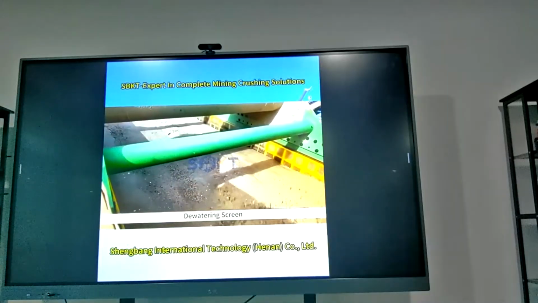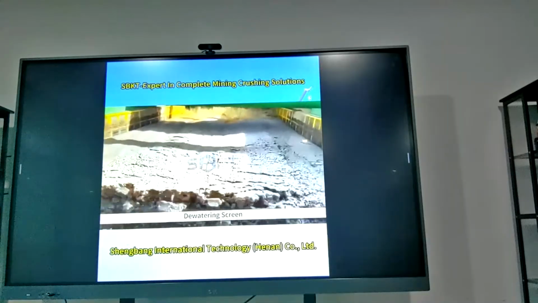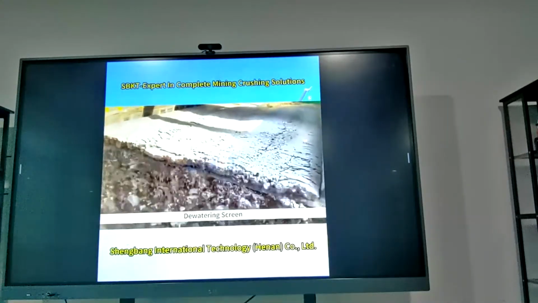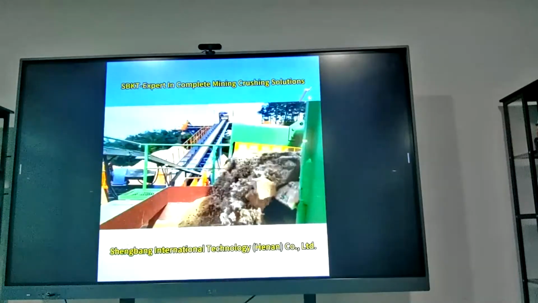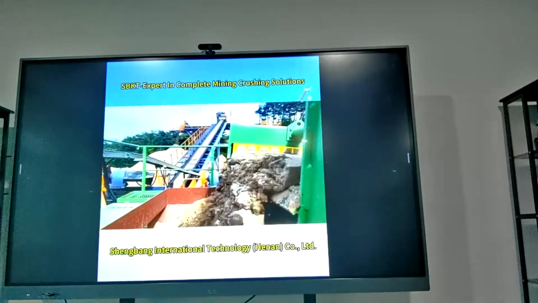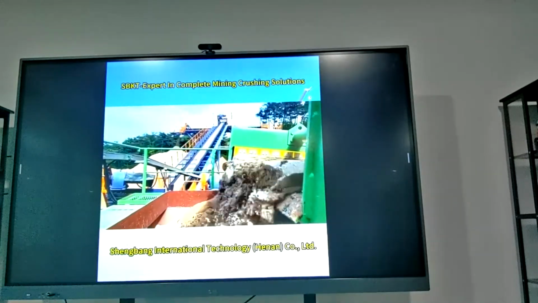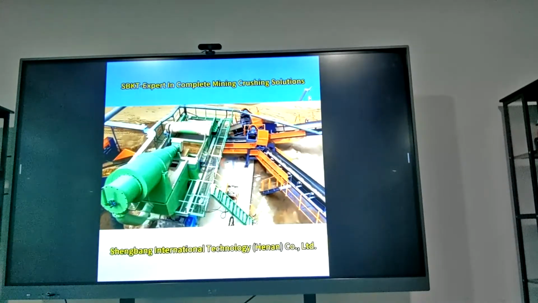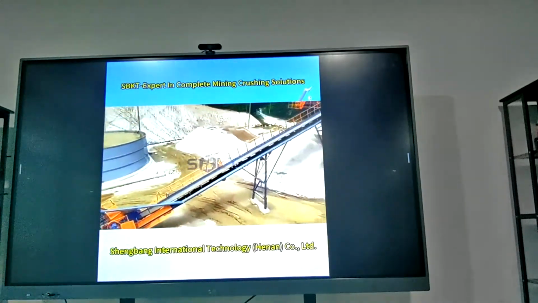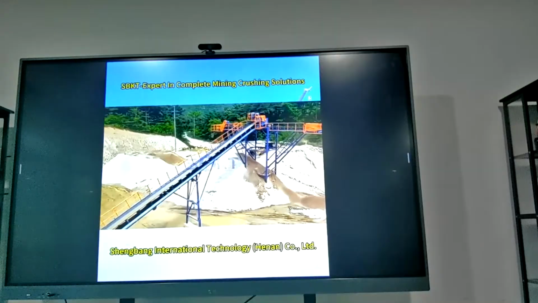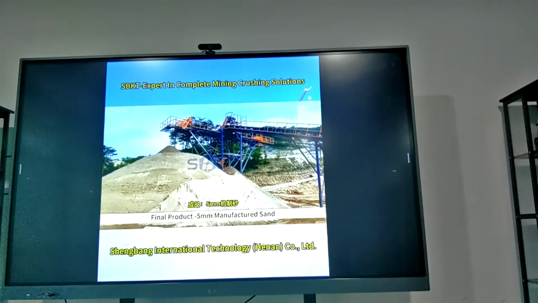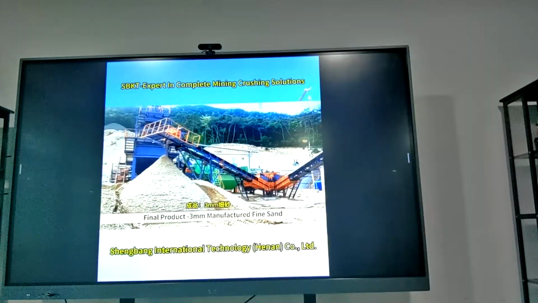Our 6CX European type jaw crusher has adopted the world's most advanced crushing technology and research achievements. It is a new crusher at the world's advanced level, successfully developed using the finite element analysis method based on years of experience in jaw crusher design and manufacture.